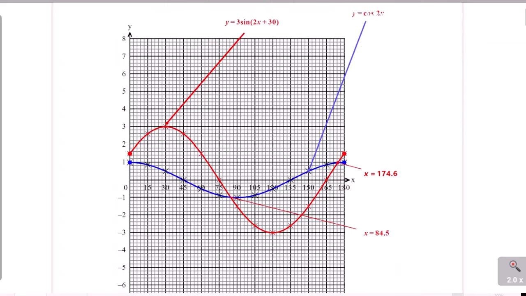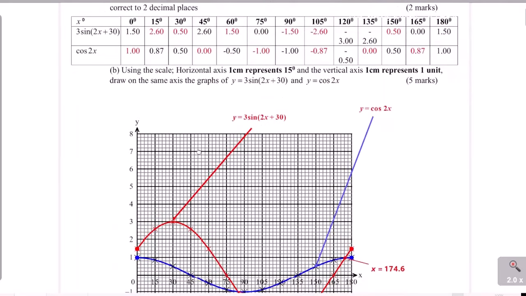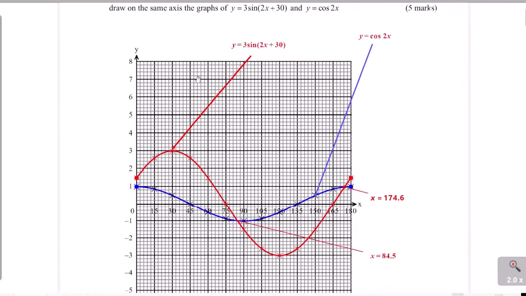So this is where you have all the marks, and you get 5 marks for these. For the scale, you'll get 1. For the first curve, you have a smooth curve, you get a mark. Then plotting correctly, you get a mark. Then for the second, the smooth curve, you get a mark.